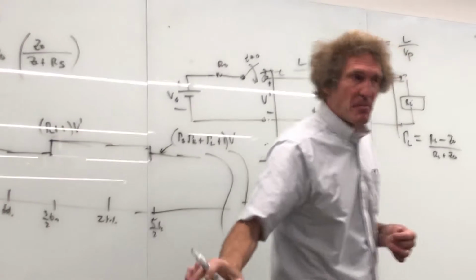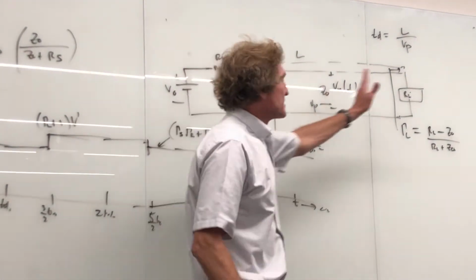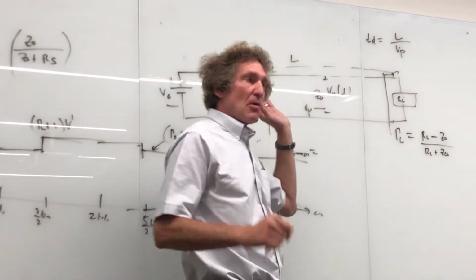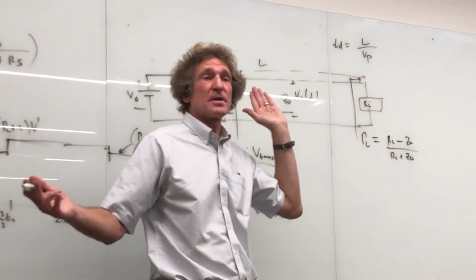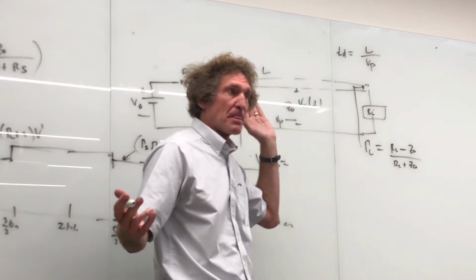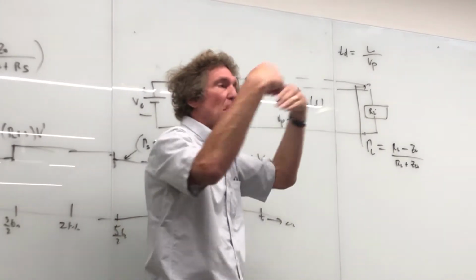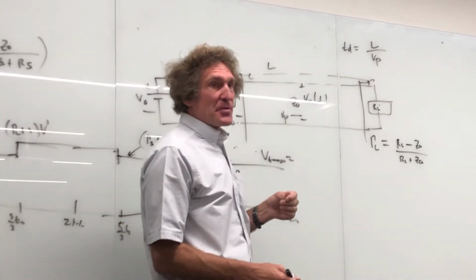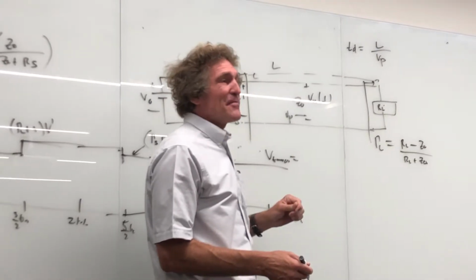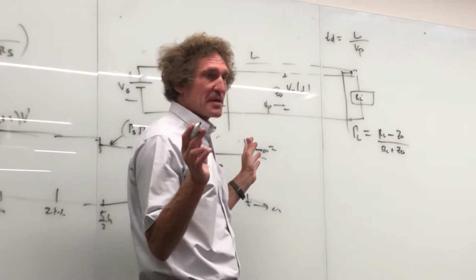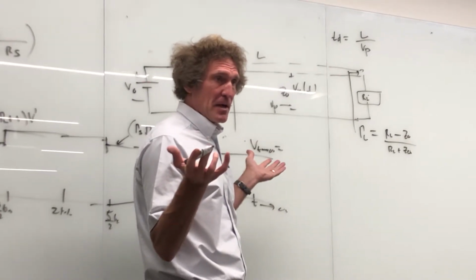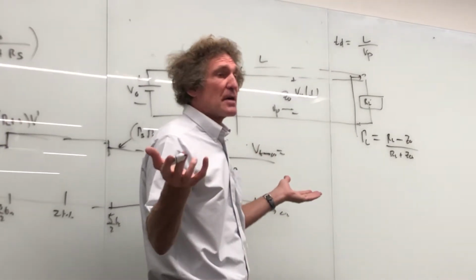Now listen, remember how I told you a transmission line has to be equal to 1/10 of a wavelength long, at least, for it to look like a transmission line? Otherwise it looks like 2 bare pieces of wire. Y'all remember that? Well, if you think about this, as time goes to infinity, you could think in sort of this way, the wavelength is going to infinity as well. Just think about that for a second, because everything's going to a steady state, right? DC has a wavelength of infinity.